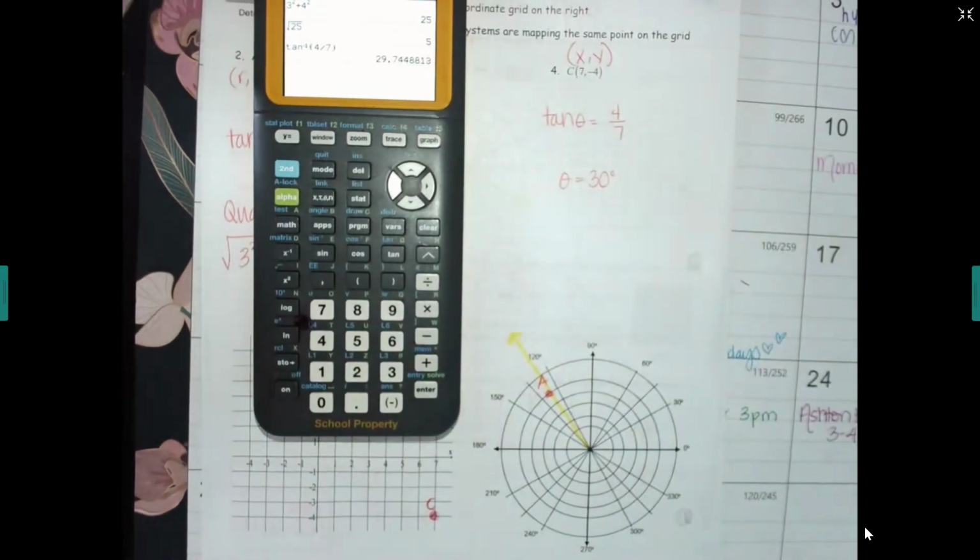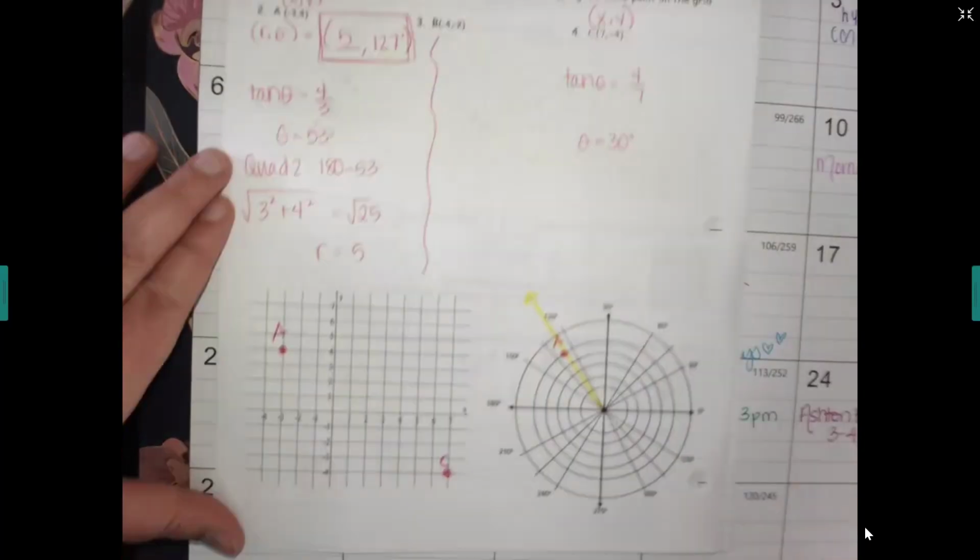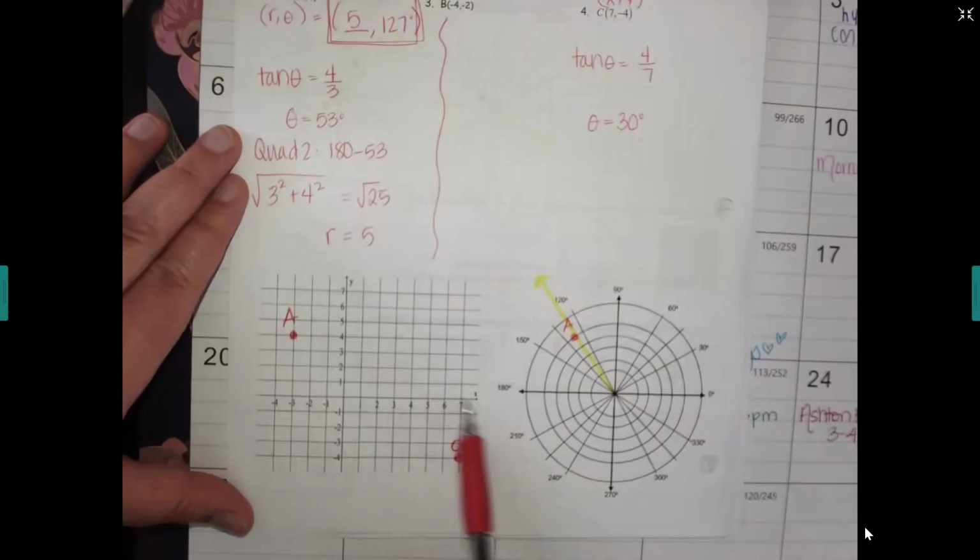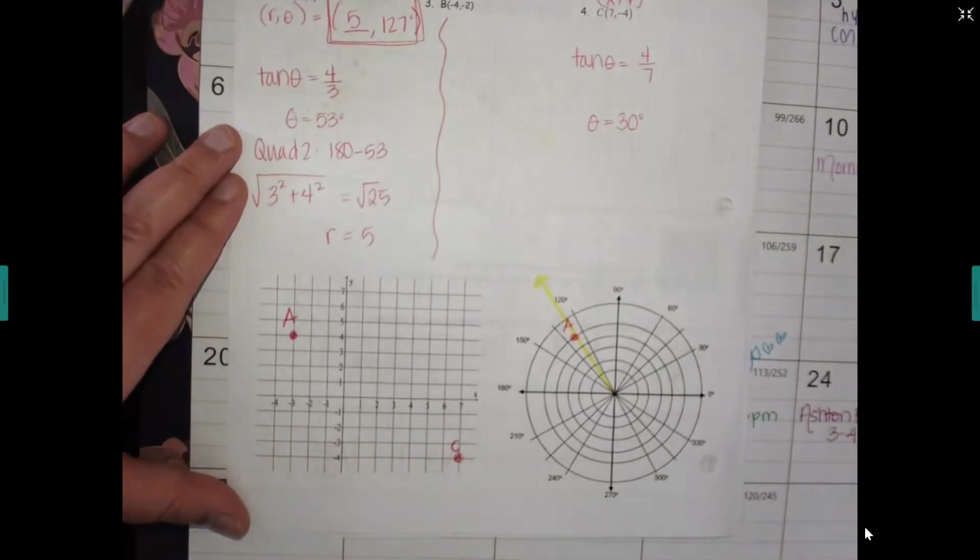Now remember, if I'm mapped in quadrant 1, that stays the same. But if I have a negative in one of these, you know it's not going to be a quadrant 1 angle. So 7, -4 ended up down here. Does anyone remember the formula down here? 360 minus, very good.